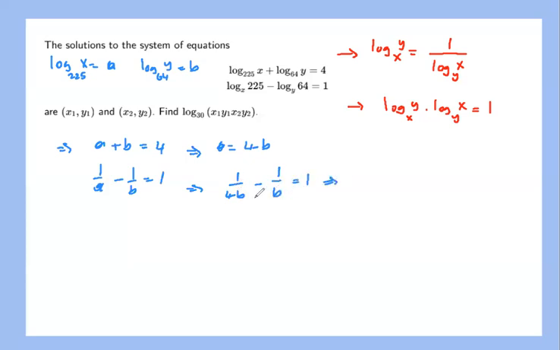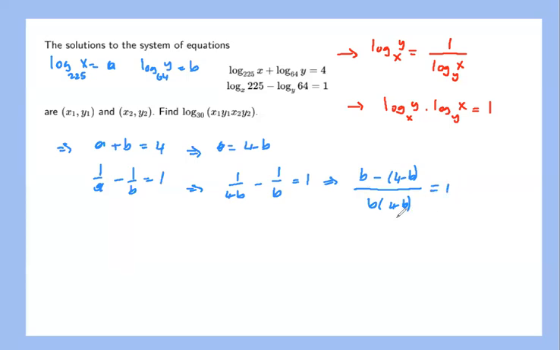I can find the common denominator at this point, so I multiply this by b, so that will be b over (4 minus b) times b, and this is multiplied by 4 minus b, so you should get (4 minus b) over b times (4 minus b), and this is equal to 1.